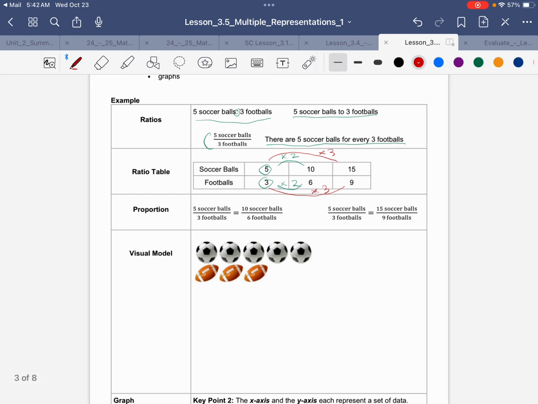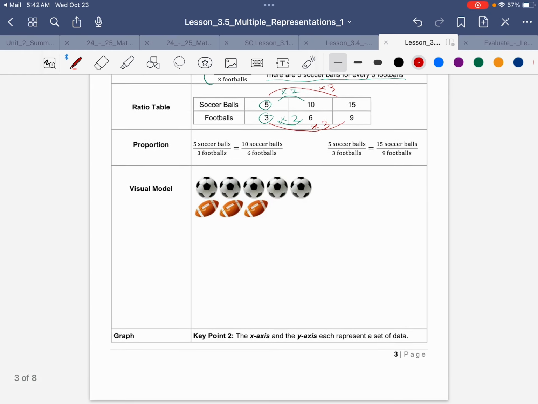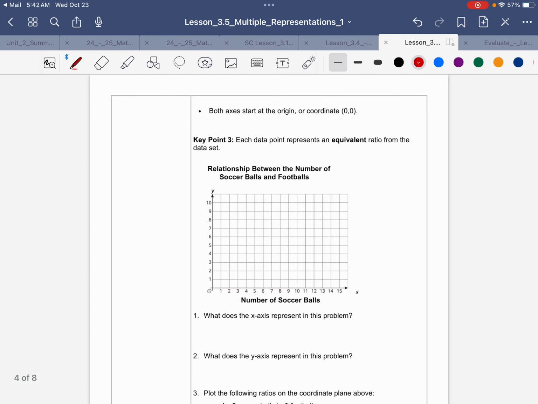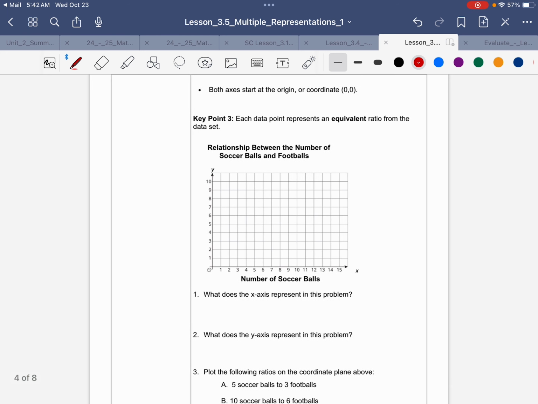They drew the 5 soccer balls, 3 footballs. And key point number 2, the x-axis and the y-axis each represent a data set, or set of data, sorry. So if we look here, this would each represent a set of data. We have number of soccer balls here, so this side here should be, sorry, Siri started talking.